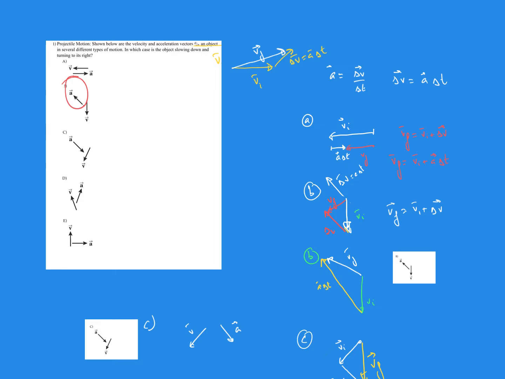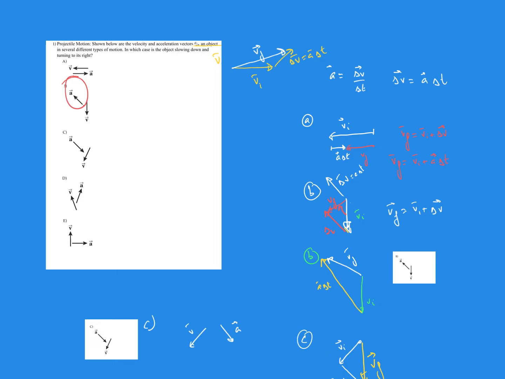No, the vector final velocity is rotating to the right. And now is it slowing down? Slowing down means that the final velocity will be smaller in magnitude than the initial velocity.